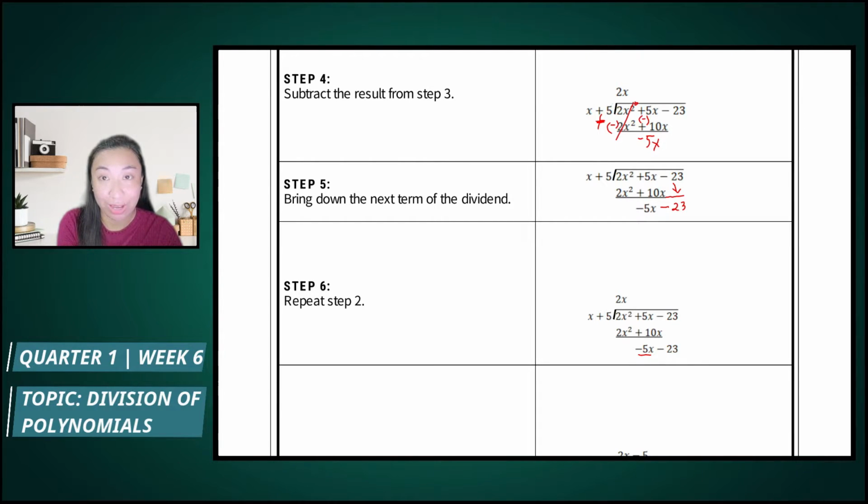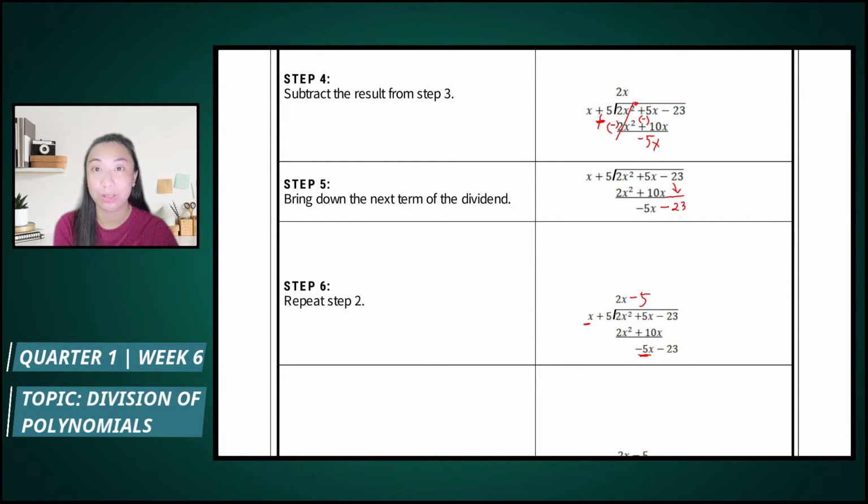Negative 5x, we will divide by the first term of the divisor. So negative 5x divided by x, we get negative 5, because x divided by x is equal to 1, and negative 5 times 1 is negative 5.